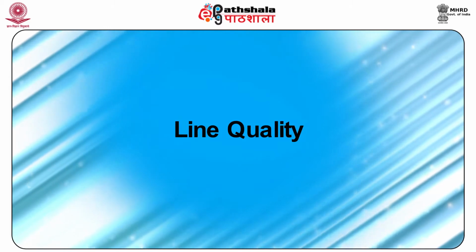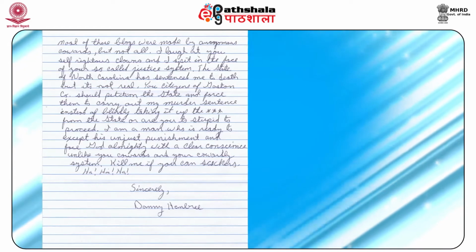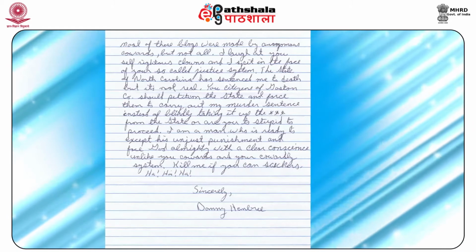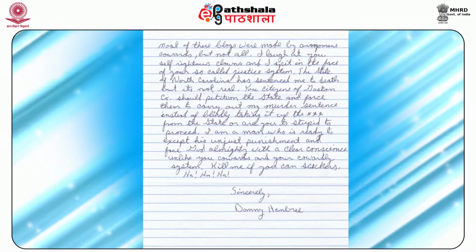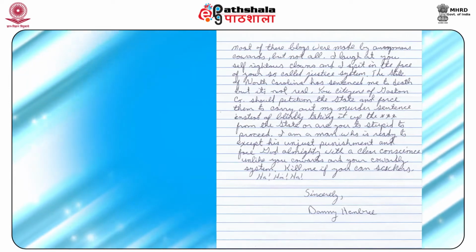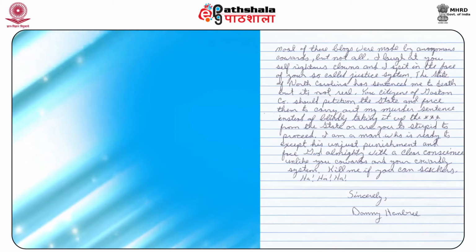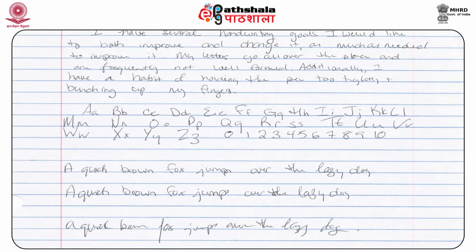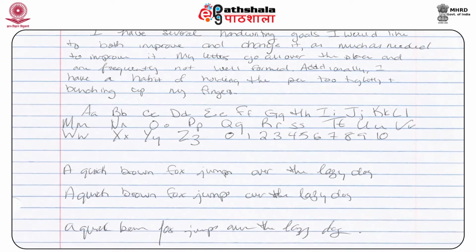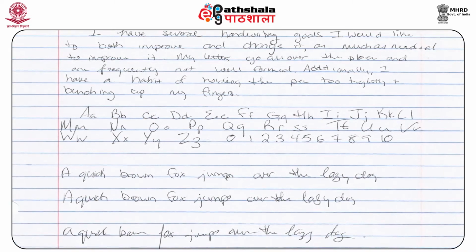Next is line quality. It is the measure of the quality of lines or the strokes used in the writing. It shows how the pen was moved during the production of writing, where it has been stopped and where it has been lifted, whether there is any deviation from the intended path or not, the rhythm of writing, the speed, the tremors present.